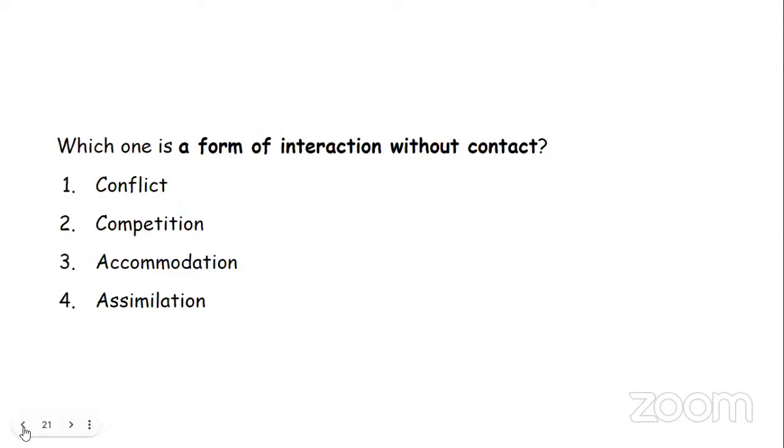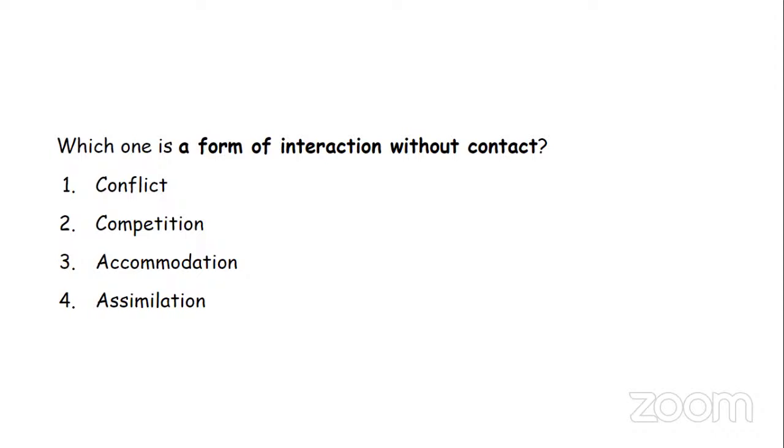Okay, now the next question. Which one is a form of interaction without contact? From the given options: conflict, competition, accommodation, assimilation.